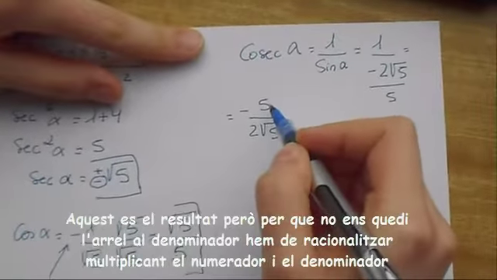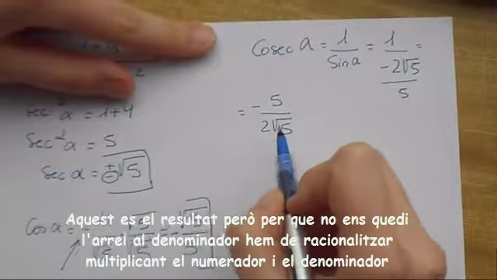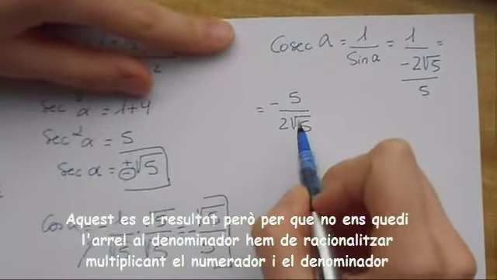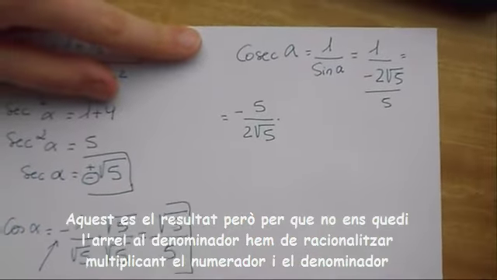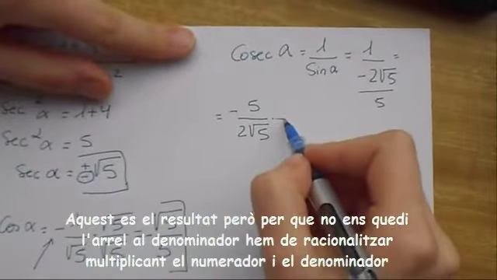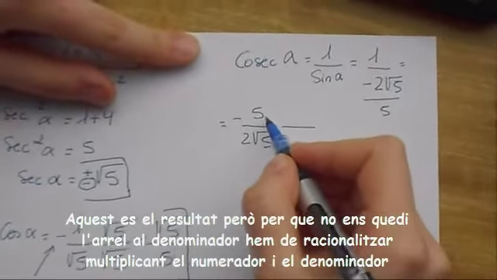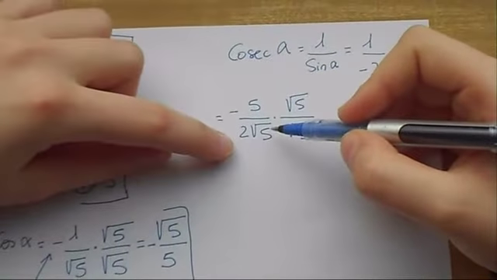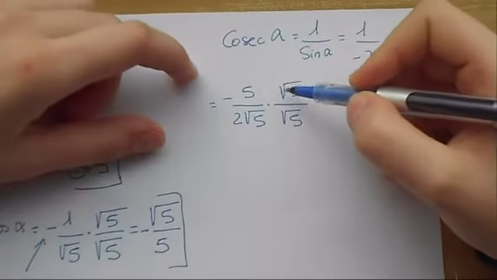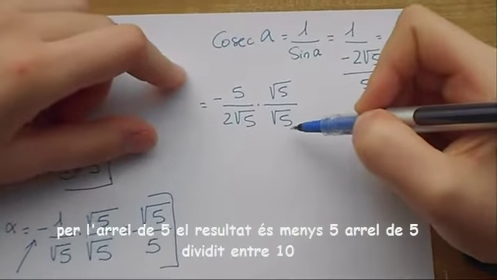This is the result, but so that we don't remain with the root in the denominator, we have to rationalize, multiplying the numerator and the denominator by root of 5.